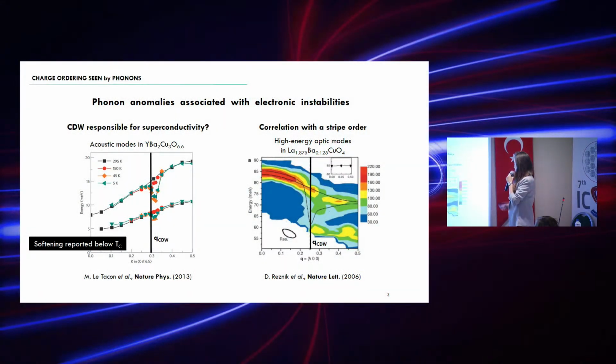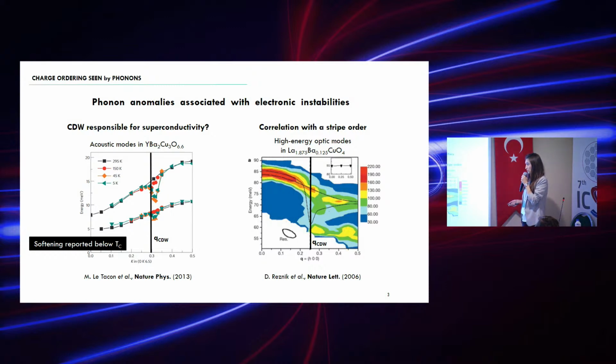Charge density wave order can also affect the lattice dynamics of the material. It was shown in 2013 that around the Q vector of the charge density wave order, an anomalous softening of acoustic phonon modes appears. It was shown for yttrium barium copper oxide.